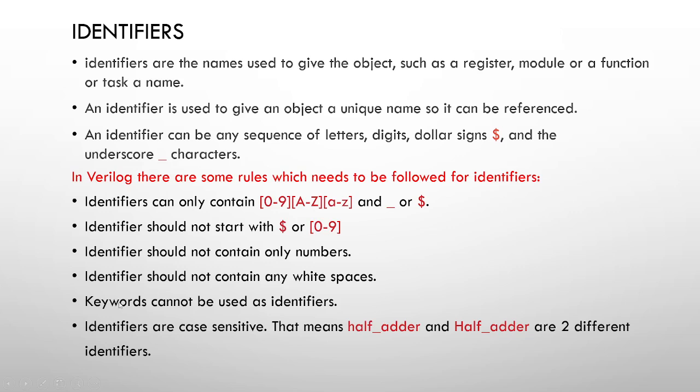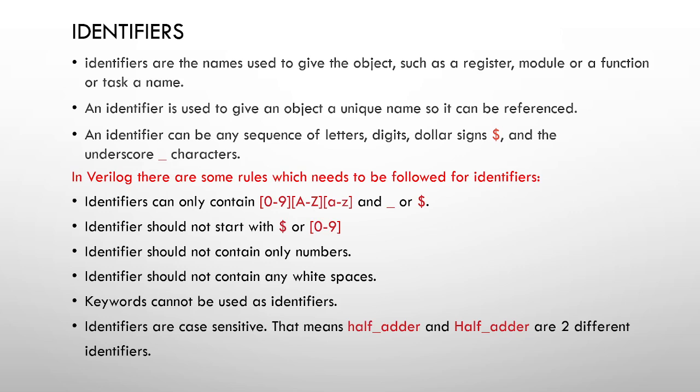And then it shouldn't contain any white spaces. That is what I told you in part 1: white space is ignored in lexical tokens, but it is not ignored in two cases. In strings, the white space is considered as a character, as I explained in the previous class. And in special tokens like identifiers, white space shouldn't be used.